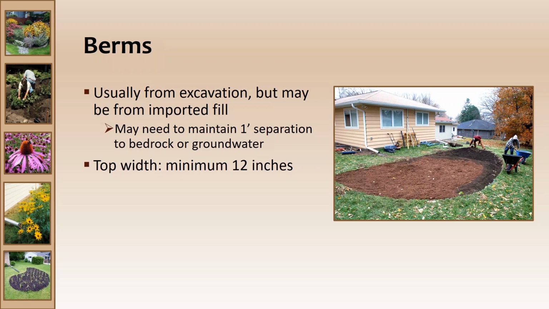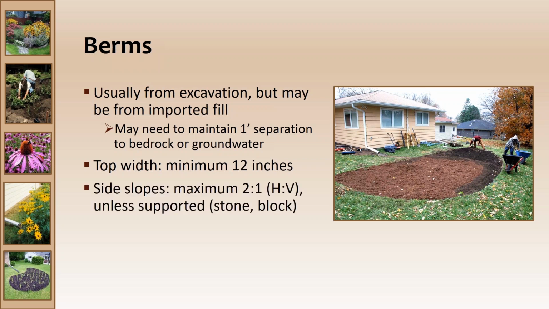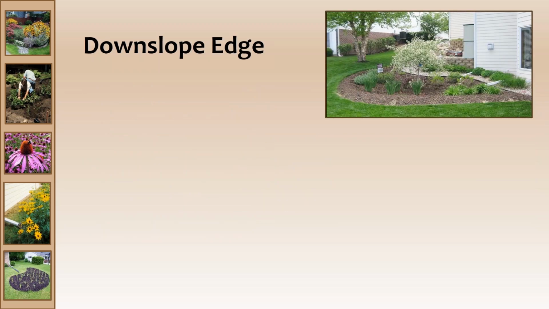Either way, the top width of the berm needs to be 12 inches, and the side slopes of the berm cannot exceed 2-to-1. And compaction of these berms is very important. You might think, well, what's the big deal? But if they settle and all of a sudden water is flowing over the top of them, then you're no longer getting the flow depth or the ponding depth that you designed in the practice.